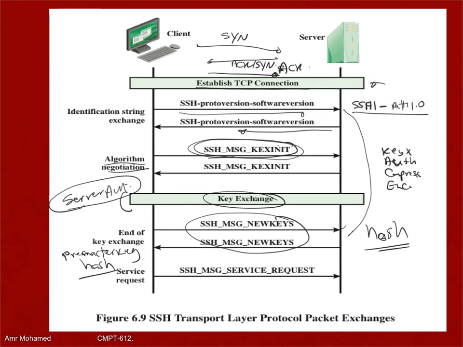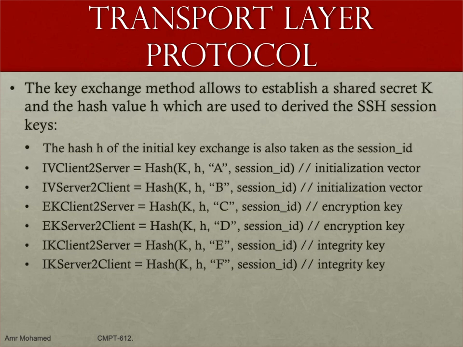And the server has authenticated itself to the client, which is a requirement as part of this transport protocol. The server must authenticate itself to the client using certificates. This is the only method used as part of SSH. Okay?